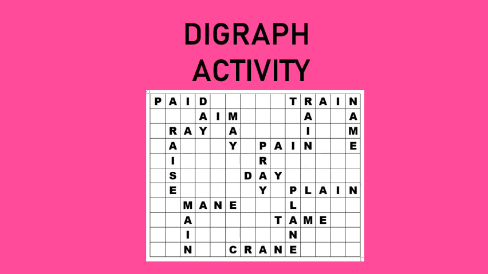Now, I have an activity like this. Here I have made a crossword puzzle. This is the answer key of the crossword puzzle. What you can do is, you can use the words which have the same sound by writing them on the board. You don't have to show this answer key to them.